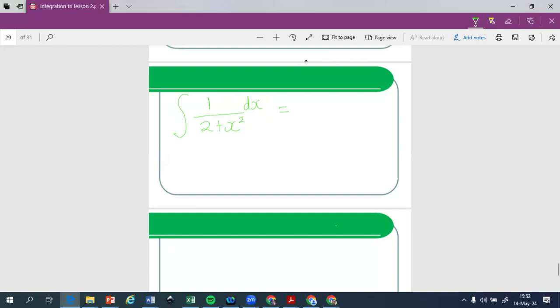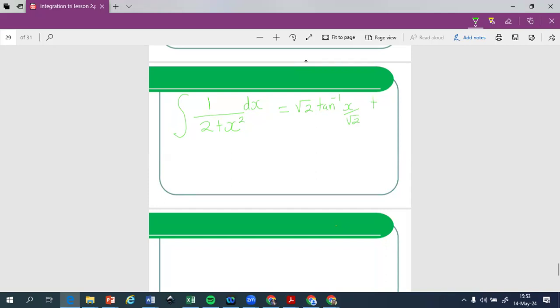I have root 2 out of 2, tan inverse of x out of root of 2, plus c.